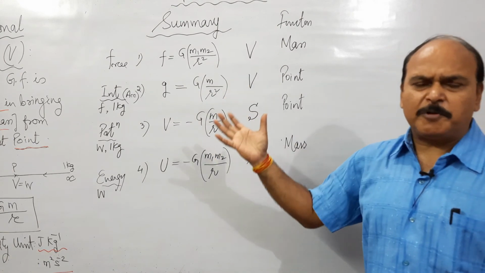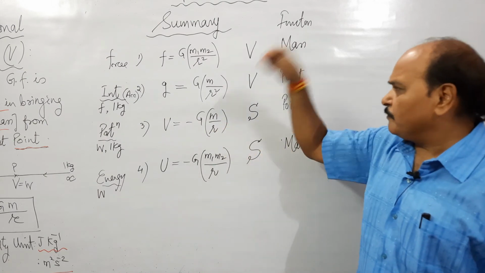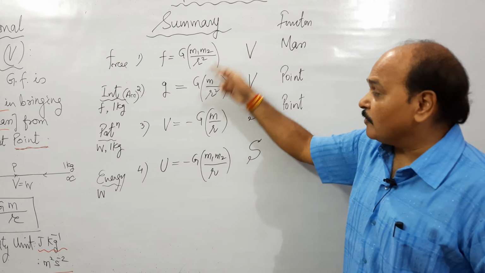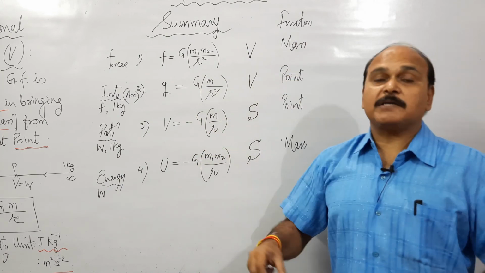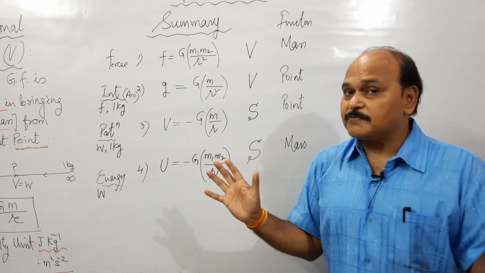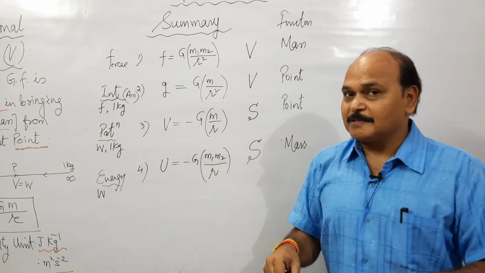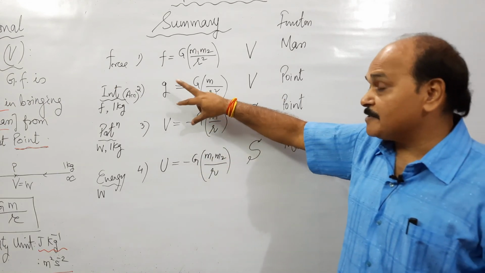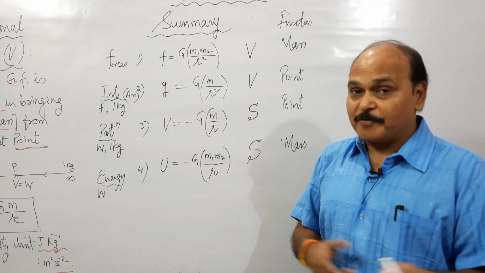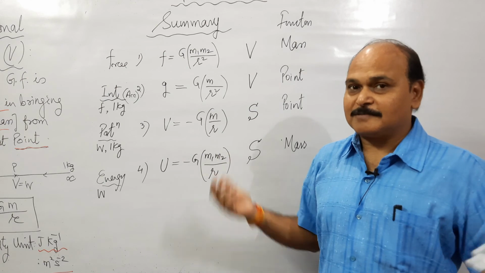Never ever there would be a question where you would be asked to find out the value of gravitational field intensity or gravitational potential energy over any mass. Why? Because they are not mass function, they are point function. These are the two characteristic properties of different points in the gravitational field of a mass or masses.